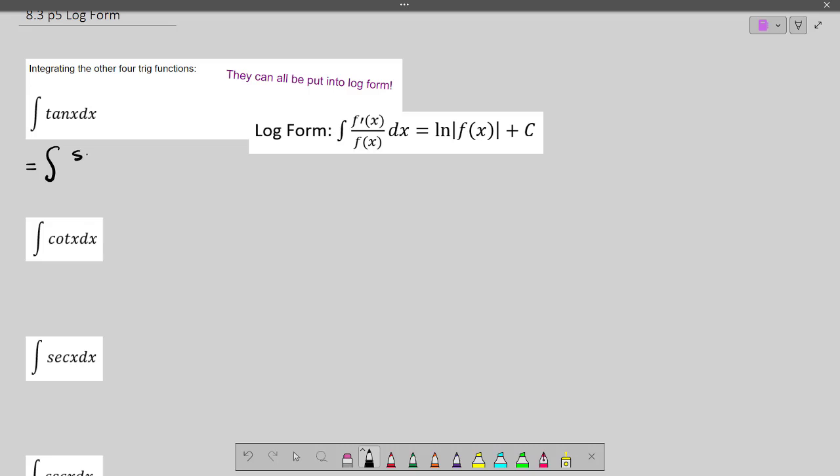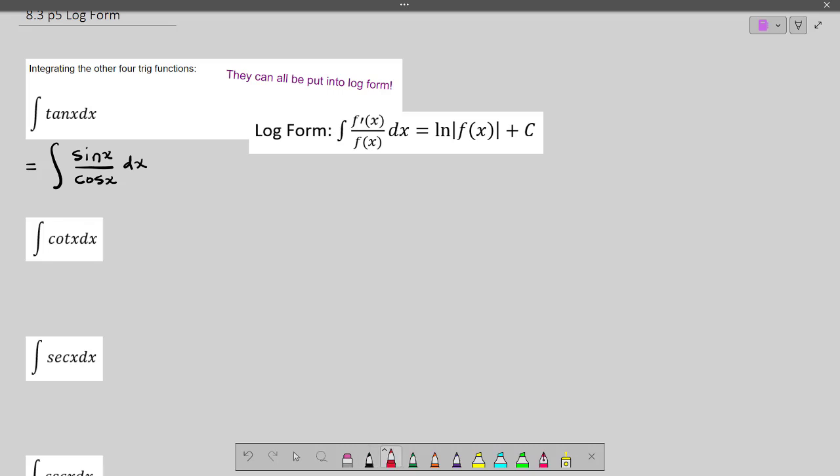So here, with tangent, we replace tan with its quotient, sine over cosine. And then we ask ourselves, is that in log form right now? And it's not in log form yet, right? Because the derivative of cosine is negative sine.